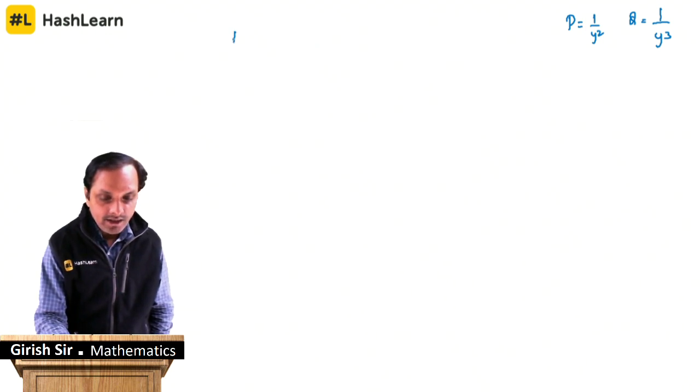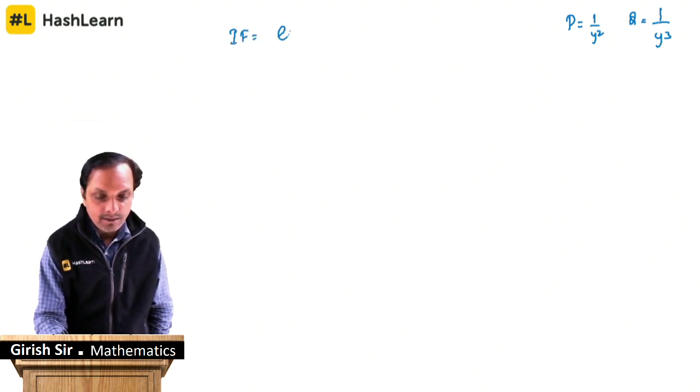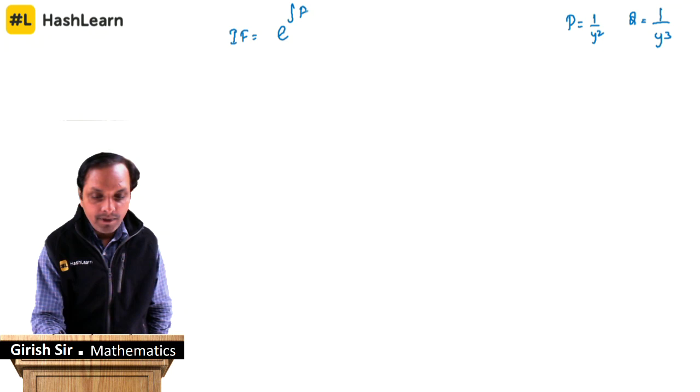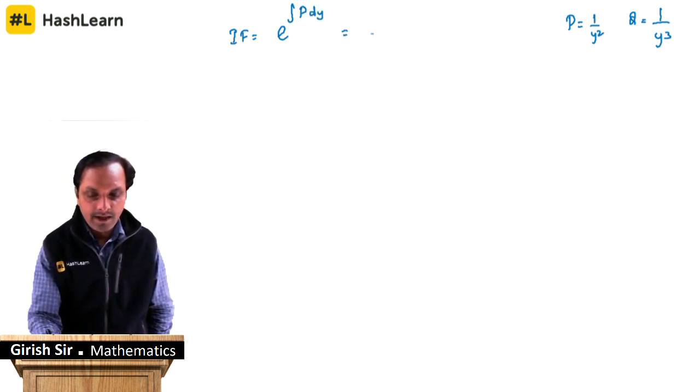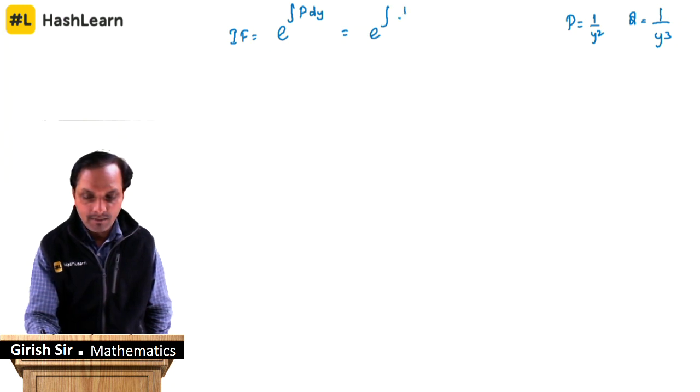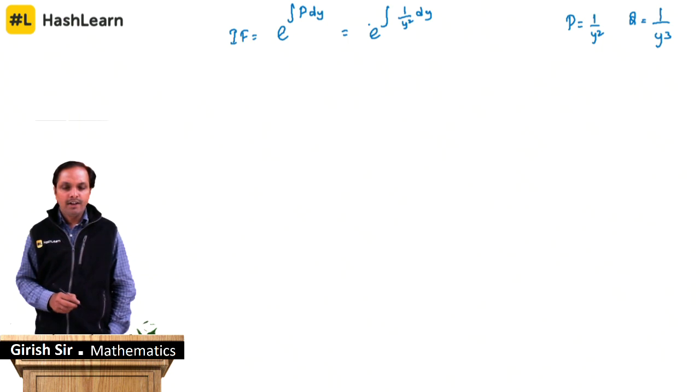You know that your integrating factor will be e to the power integral p dx we used to write there. Here you need to write dy. Okay, e to the power integral ये है आपका 1 by y square dy. So what is integration of 1 by y square?